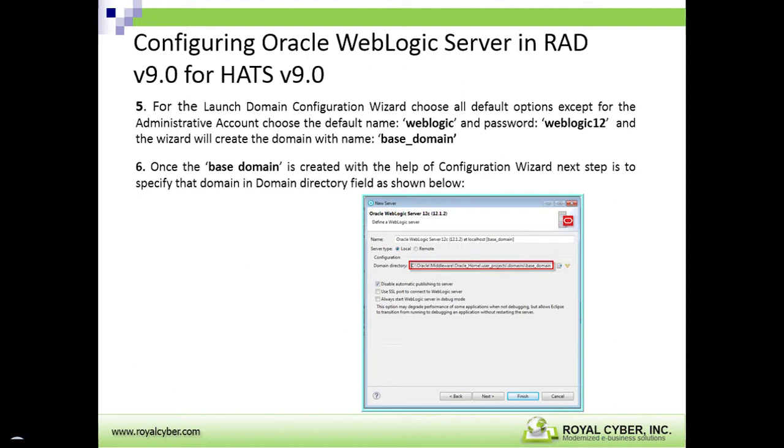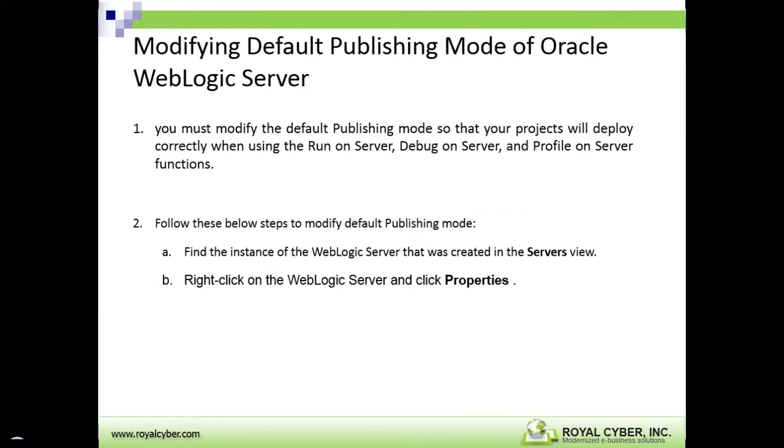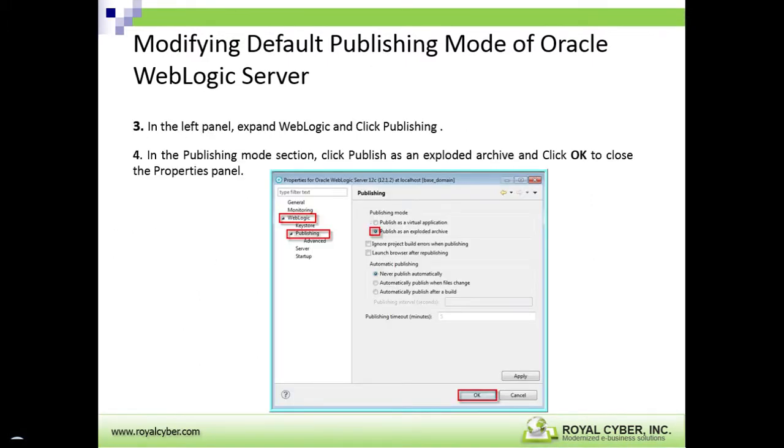Now the next step is you need to modify the publishing mode of your server, because by default the publishing mode will not help to deploy and start your application. On this slide you can see how you can modify the publishing mode.